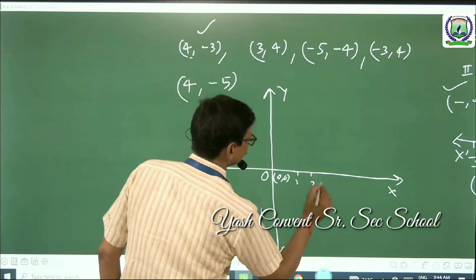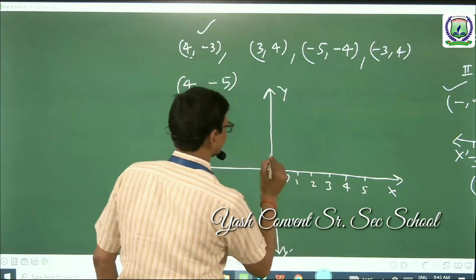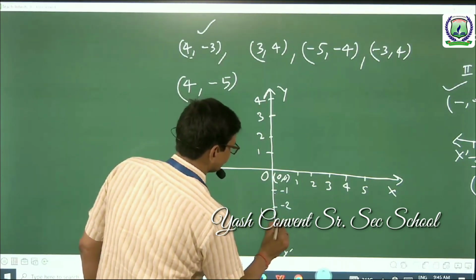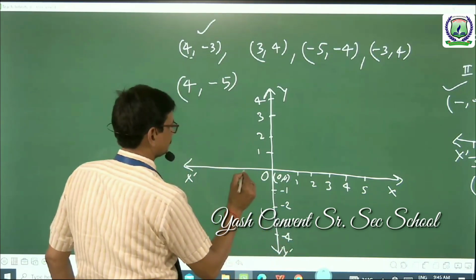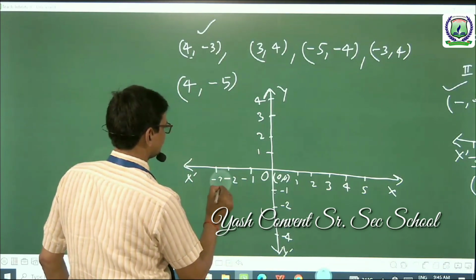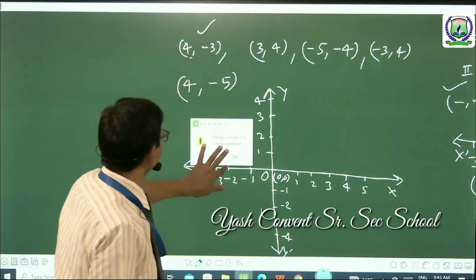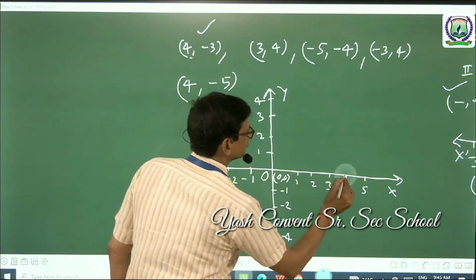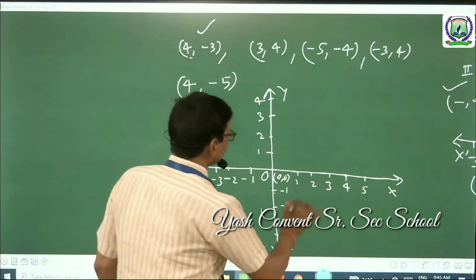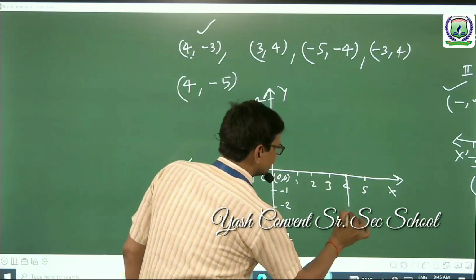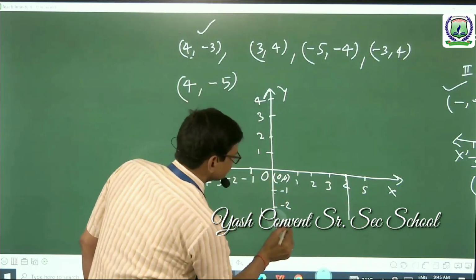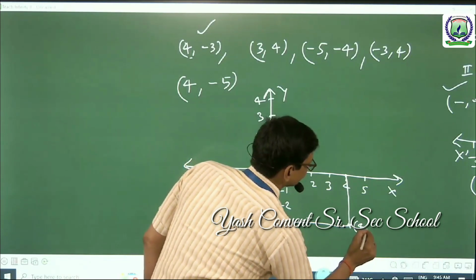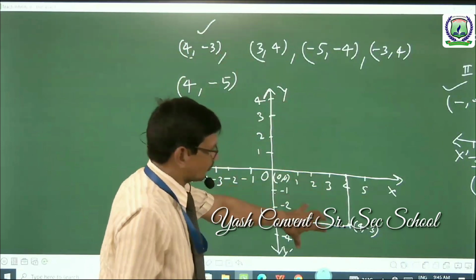From here we mark 1, 2, 3, 4, 5 and -1, -2, -3, -4 on both axes. Now for the point (4, -3): 4 is positive, so the abscissa is 4 on the x-axis, then the perpendicular distance at -3. So this point is here, and it lies in the fourth quadrant.